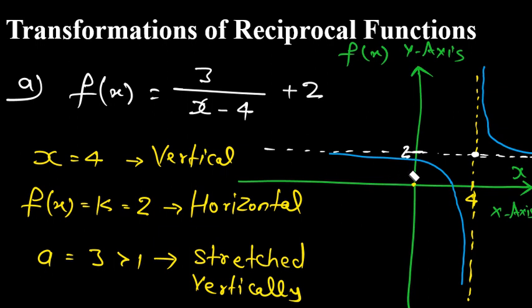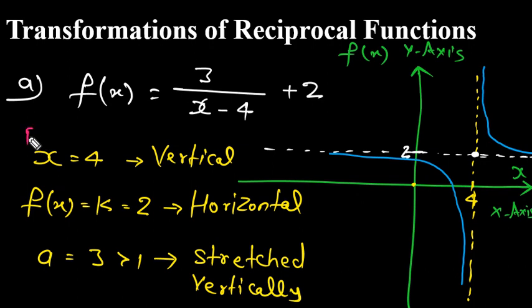Now what will be the domain and range? If you look at the domain, look at the vertical asymptote. The graph is represented on the x-axis, so domain is for the x-axis and for range you look at the y-axis.